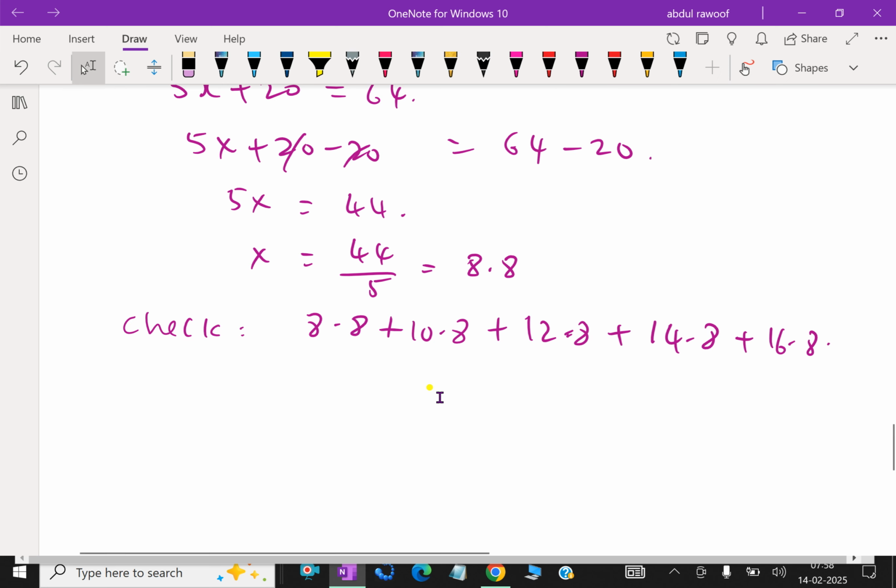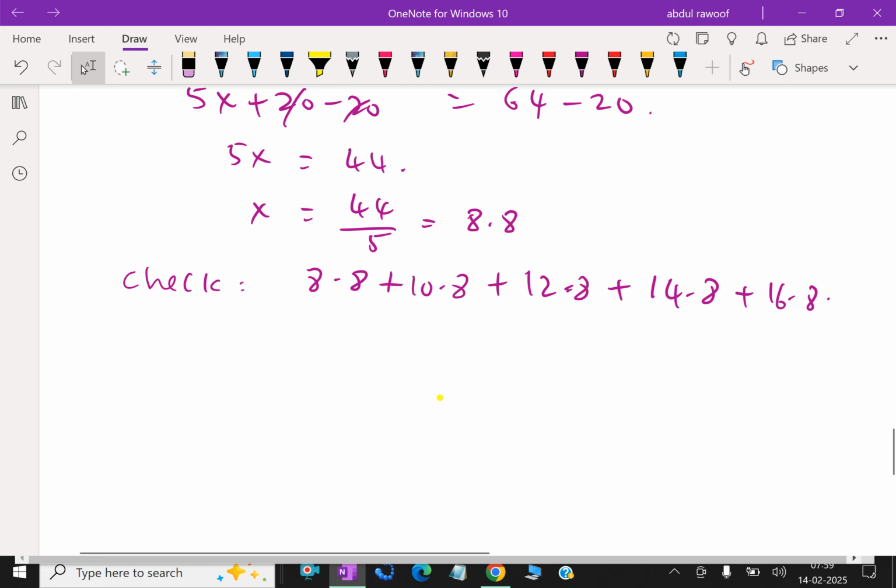So we have to add them. 8 plus 10 is 18, 18 plus 12 is 30, 30 plus 14 is 44, and 44 plus 16 is 60. The decimals are 0.8 each. How many 0.8's? 1, 2, 3, 4, 5.